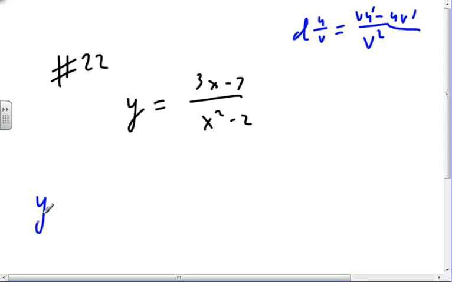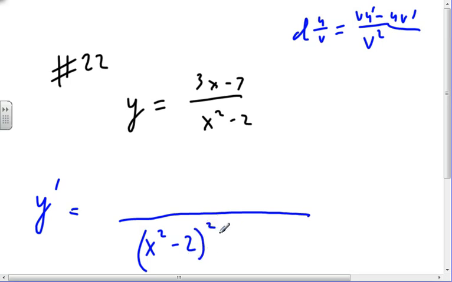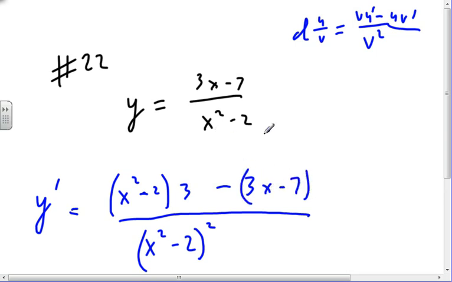That being the case, y prime equals, so on the bottom I got x squared minus 2 squared. On the top, the bottom guy, x squared minus 2 times the derivative of the top guy, minus the top guy times the derivative of the bottom guy.